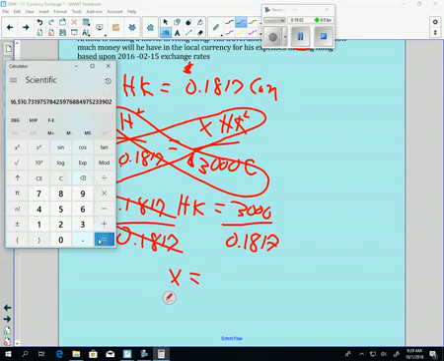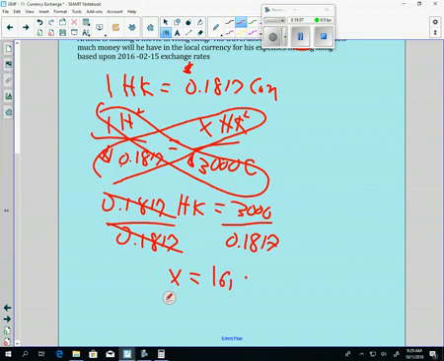So I'm going to get 16,510 Hong Kong dollars.